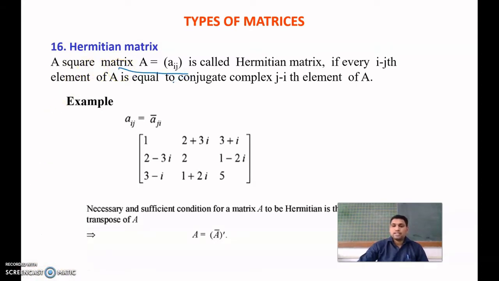Now we'll see the second condition. Before that, I will tell you what is meant by the Aij. Aij is the element of the matrix, which shows the specified position of that element in a matrix. I stands for row number and J stands for column number.